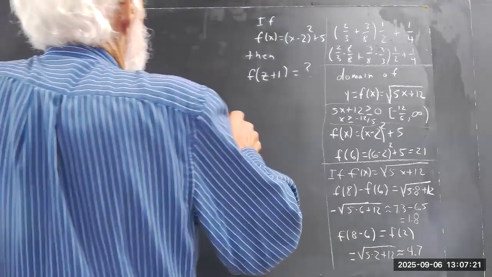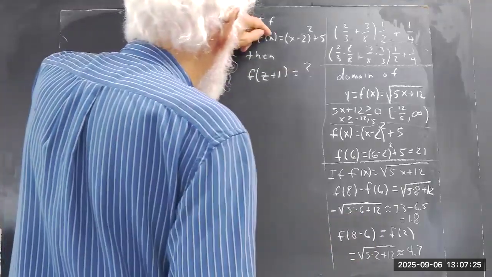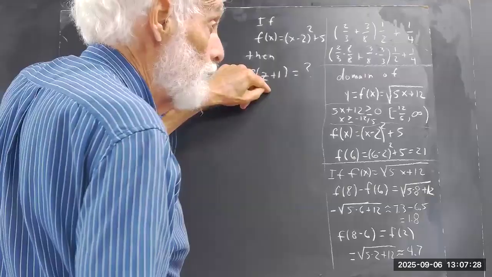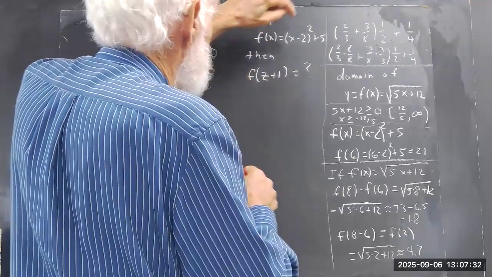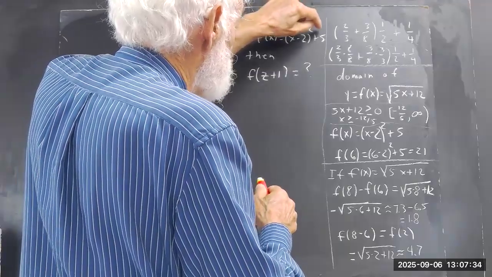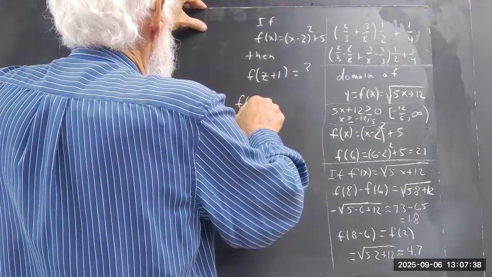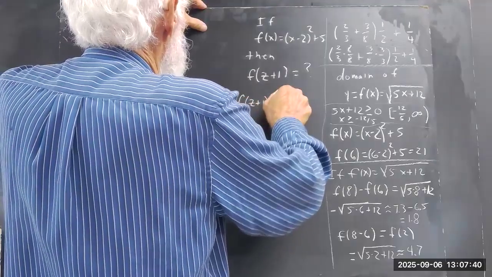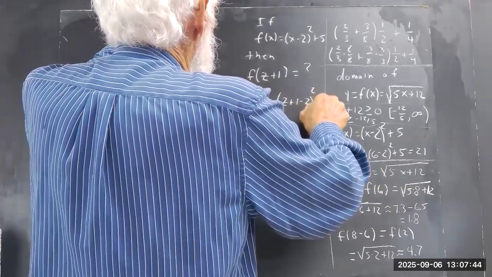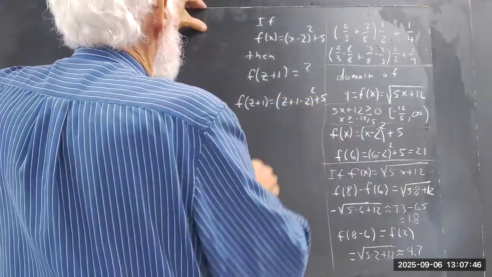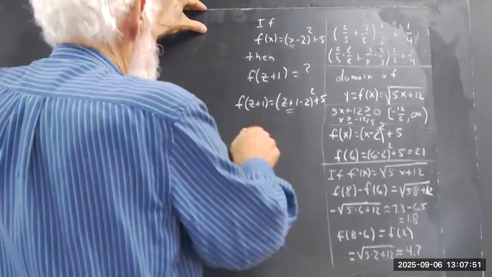Okay. You don't want to think too much about this. x becomes z plus 1. And if x is z plus 1, then f of x equals x minus 2 squared plus 5 becomes f of z plus 1 equals quantity z plus 1 minus 2 squared plus 5. x has been replaced by z plus 1.